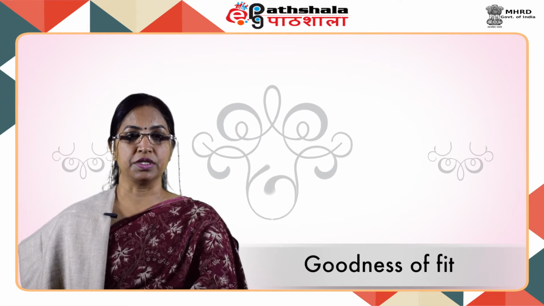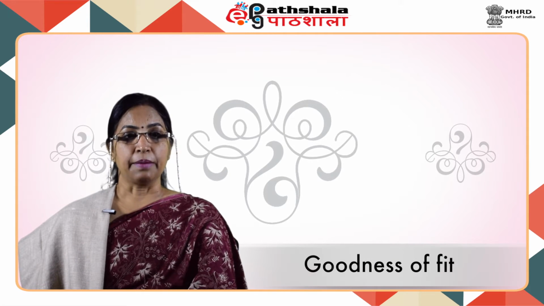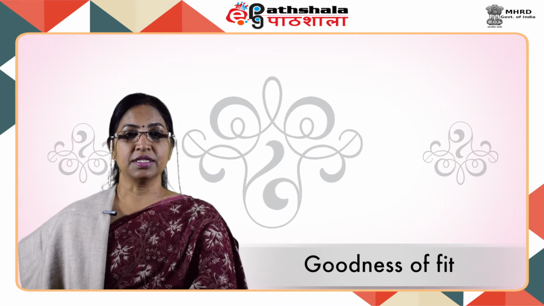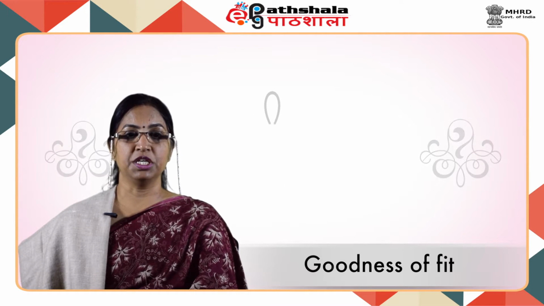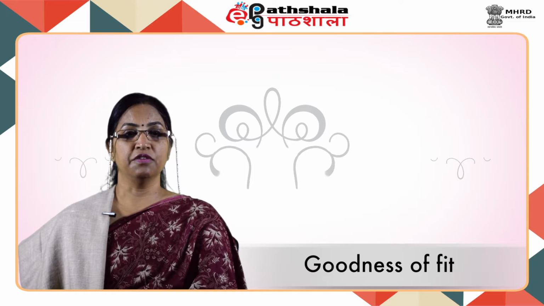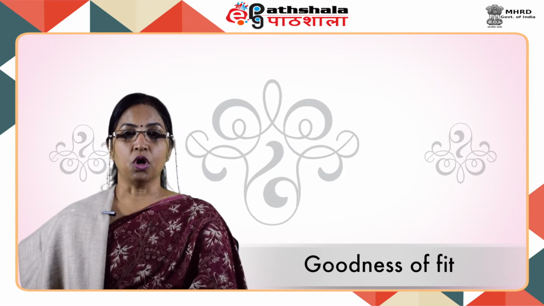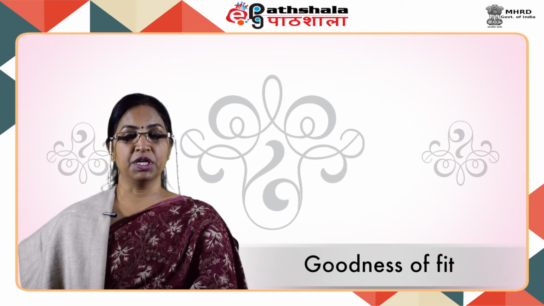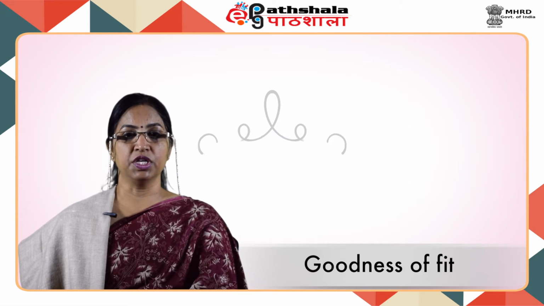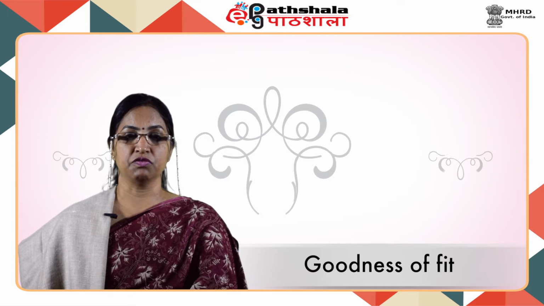The goodness of fit. For example, to test the hypothesis that a random sample of 100 people has been drawn from a population in which men and women are equal in frequency, the observed number of men and women would be compared to the theoretical frequencies of 50 men and 50 women.